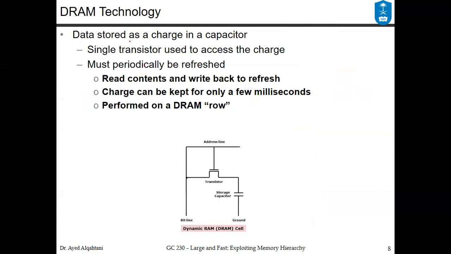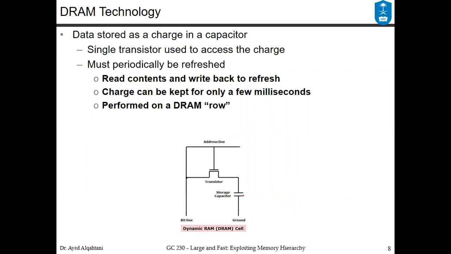Now for the DRAM technology, if it is logic 1, you are saving the value as a voltage in the storage capacitor. So you're storing charges in this capacitor. If the capacitor is full of charges, then you are storing logic 1. If it is empty of charge, then you are storing logic 0.